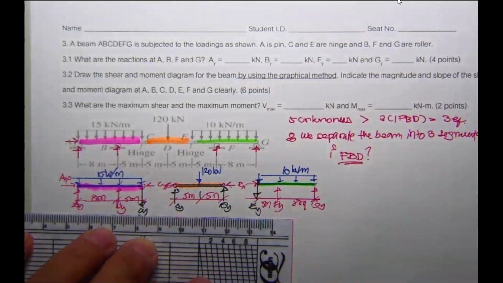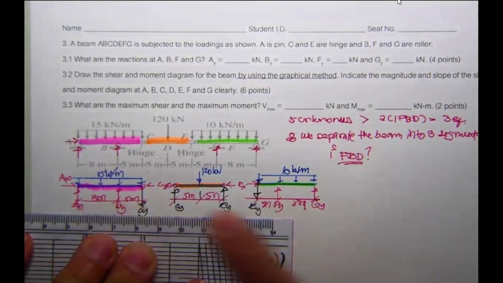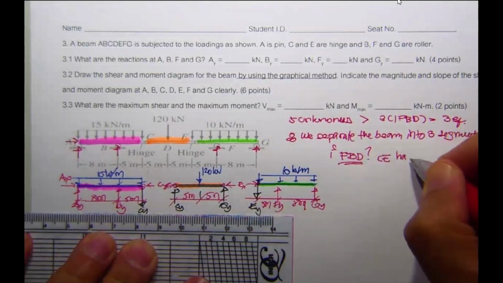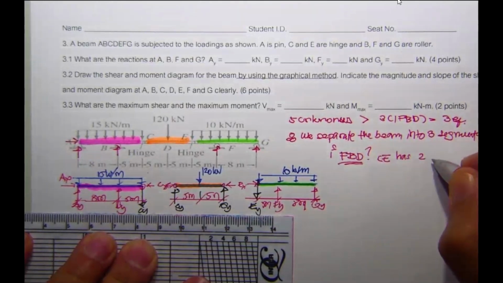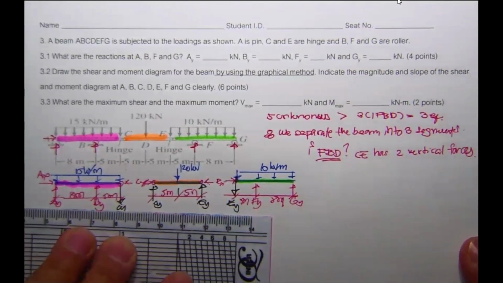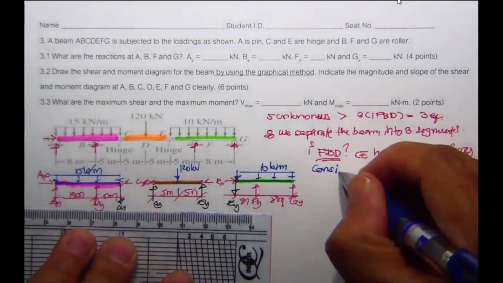But you can see this has 3 vertical forces, this has 3 vertical forces, and only CE has 2 vertical forces. So we will start with that free body diagram.